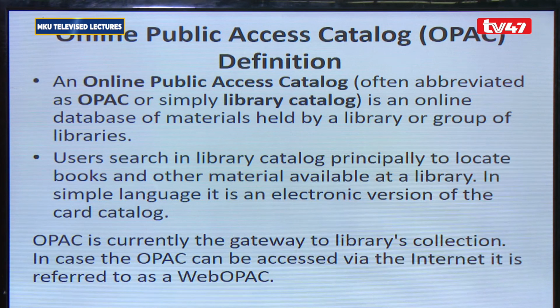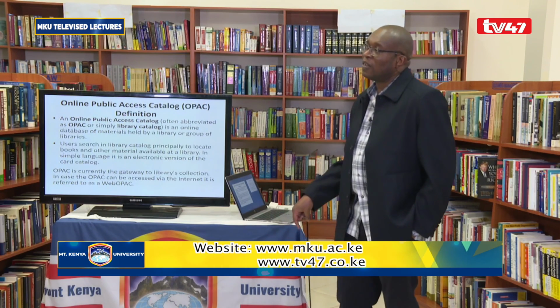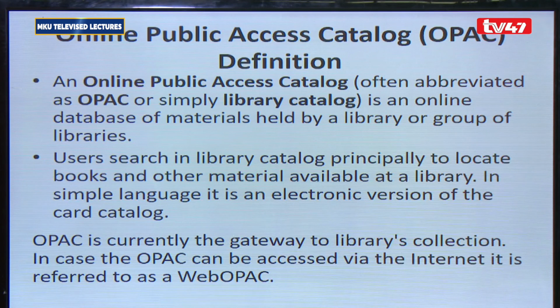The word online is key. Online means that it is connected to a network. The information is accessed via a network, not necessarily the internet, but via a network. It could be a local area network, a wide area network, and so on.